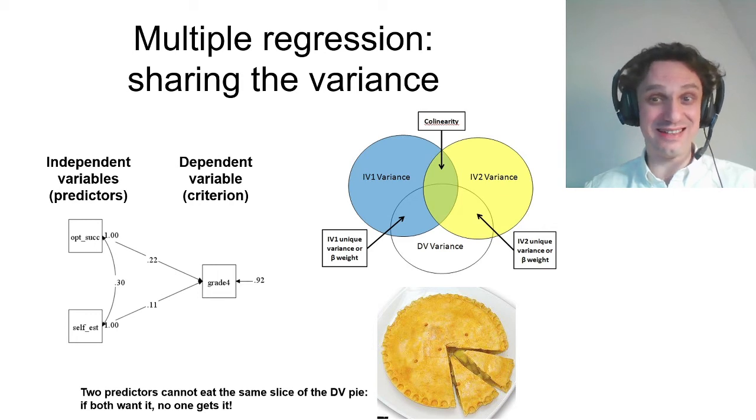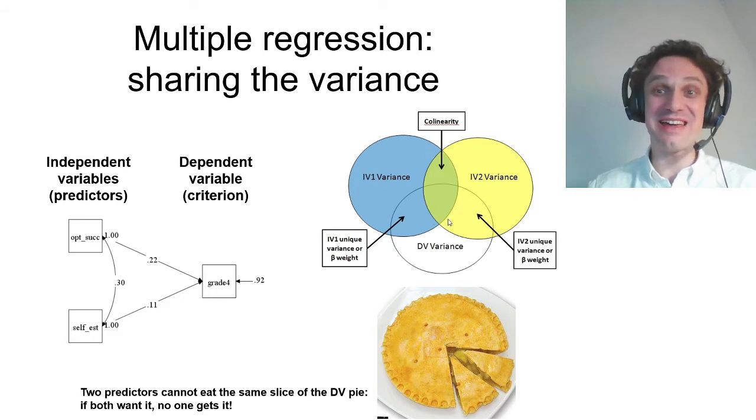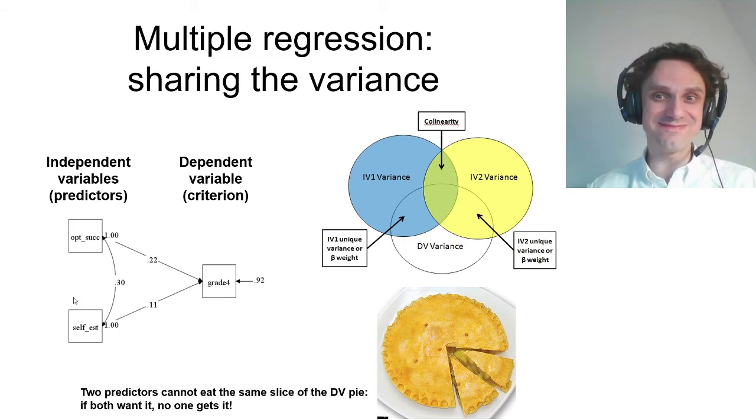And this metaphor is very useful because it helps us to remember that two people cannot eat the same slice of a pie. So essentially, every slice of a pie goes to a different predictor. But if both predictors claim the same slice of this pie, no one gets it.